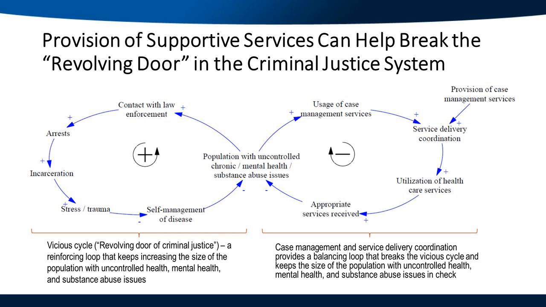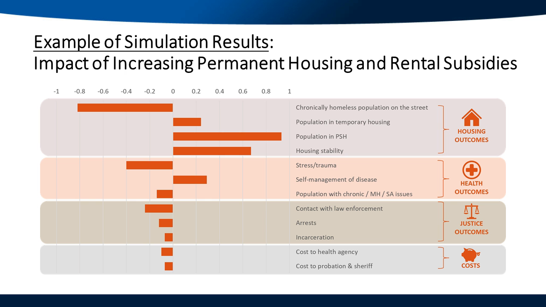So this is just one of many insights that we get from the simulation model. Obviously this is not something that we probably all don't understand. It's intuitive that this can happen, but the value of having the simulation model is that we can create estimates of how different types of interventions affect this revolving door, and maybe what combination of interventions would be most effective in reducing justice involvement.